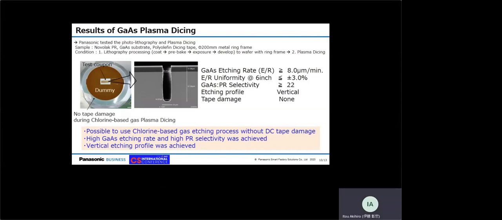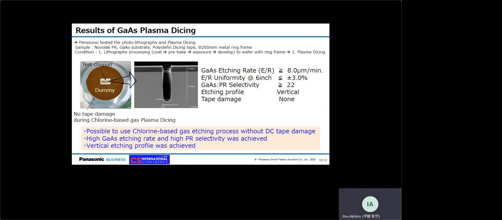The picture on the right side is a SEM image of gallium arsenide trench after plasma dicing. A vertical gallium arsenide profile was achieved, and the gallium arsenide etching rate was over 8 micrometer per minute.